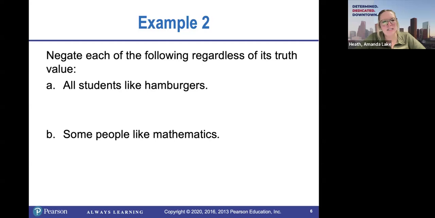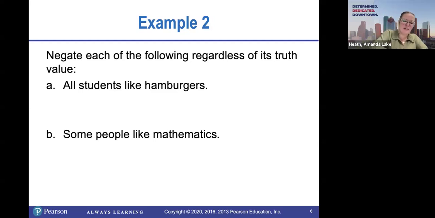Would the negation of the statement be no students like hamburgers? I mean, if all students like hamburgers was true, then no students like hamburgers would be false. But actually, no, the negation of all is not none.